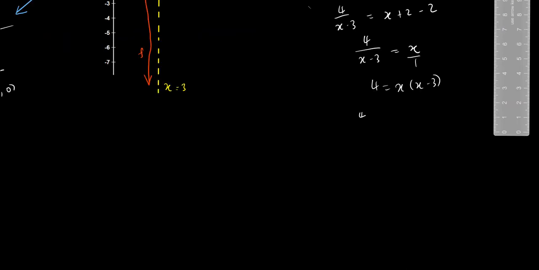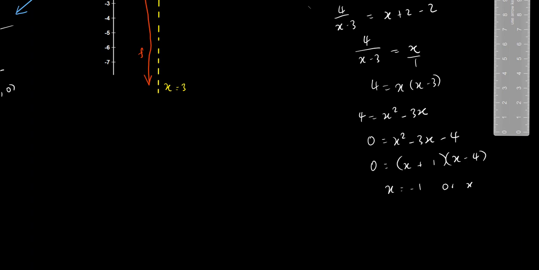Okay, so it's going to be x squared minus 3x, and then you're going to have minus 4. It has to be minus 4 there. You might want to use the quadratic formula, or you can factorize, depending on which one you feel comfortable with. So therefore your x must be minus 1 or x should be 4.